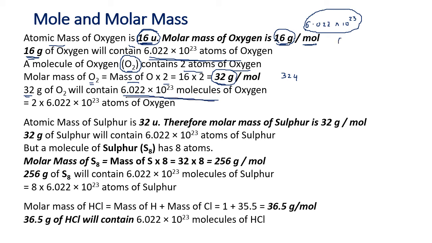So oxygen as an atom has mass 16 units, and oxygen as a molecule has mass 32 units. Okay, so if I take 16 grams, this is 16 units, I will get 1 mole of oxygen atoms.